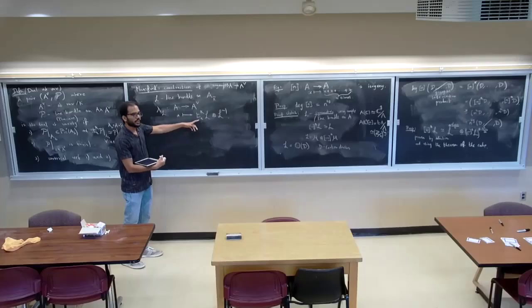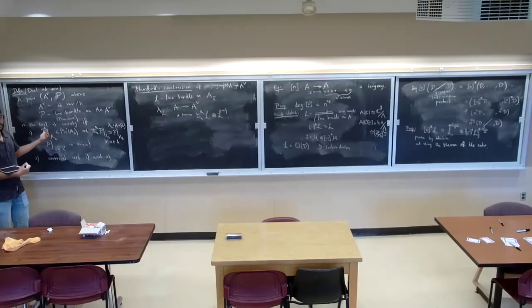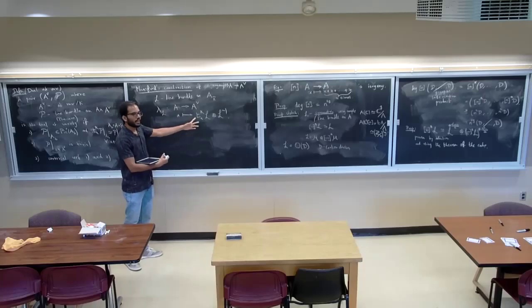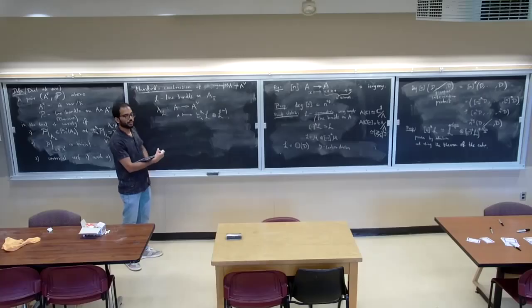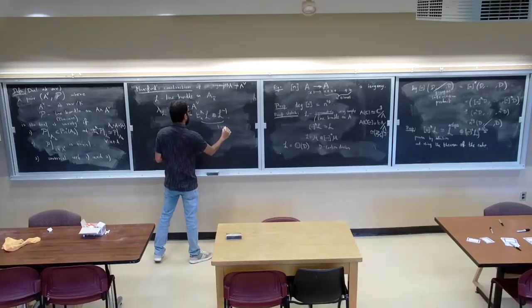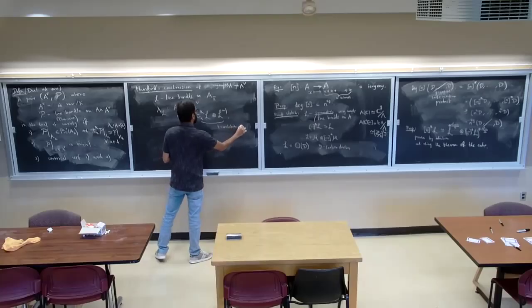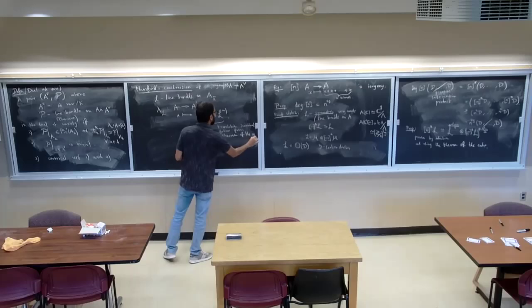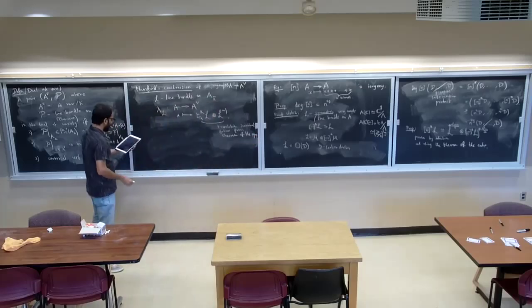I have to actually show that this line bundle is translation invariant because I said that A dual basically parameterizes translation invariant line bundles on A. So I have to show that this is translation invariant, but that basically follows from something called the theorem of the square. Let me not say more about this.